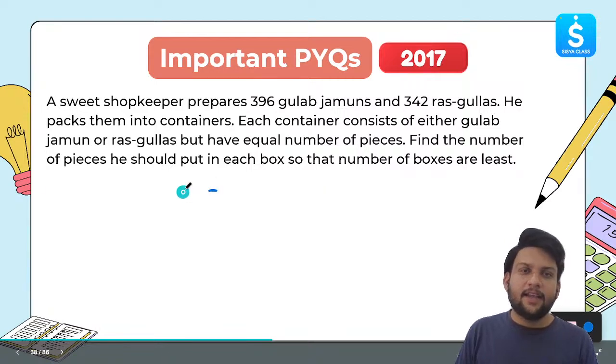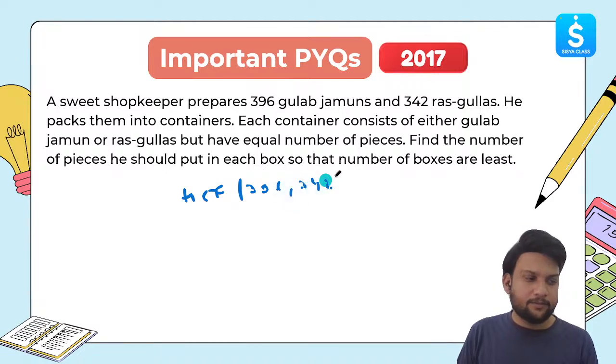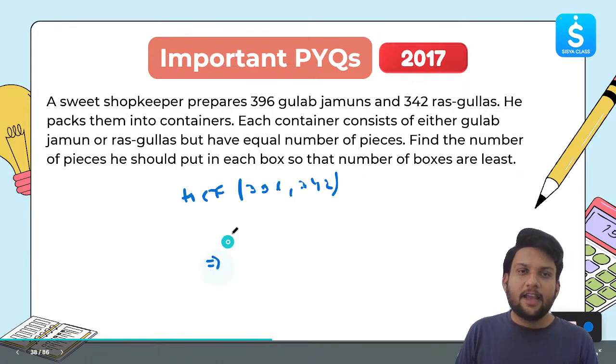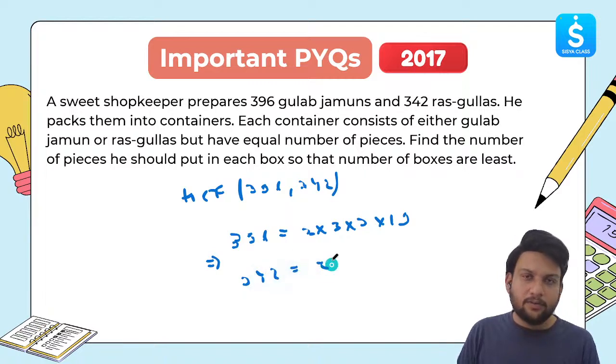I will just find HCF of these two numbers, 396 and 342. If you do this, I can write 396 as 2 squared times 3 squared times 11, and similarly I can write 342 as 2 times 3 squared times 19.